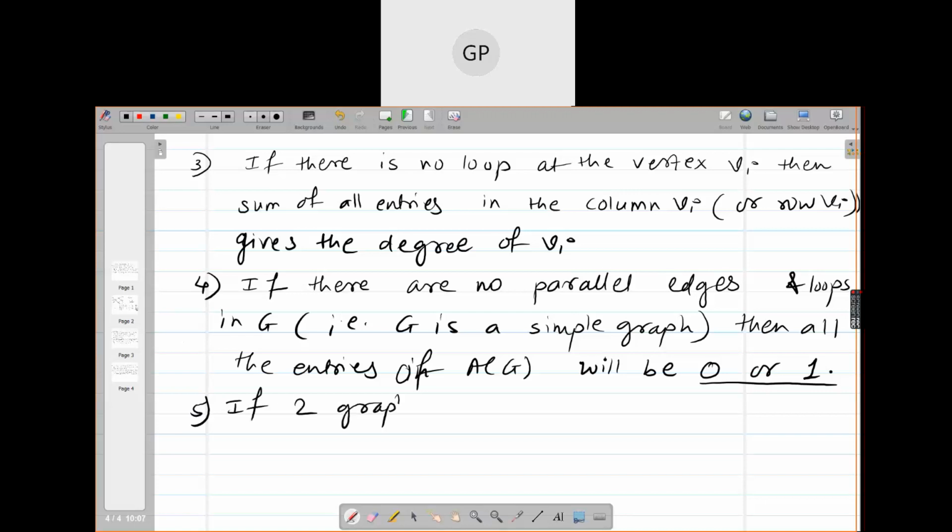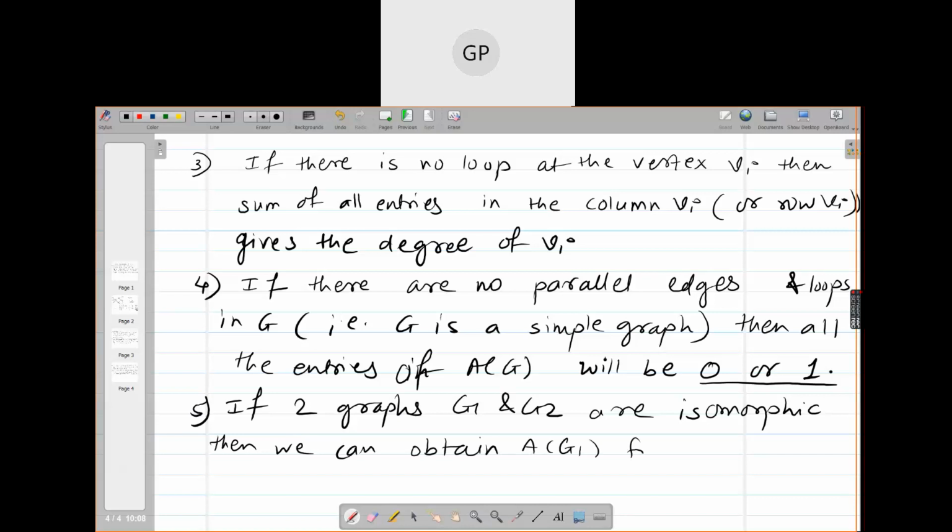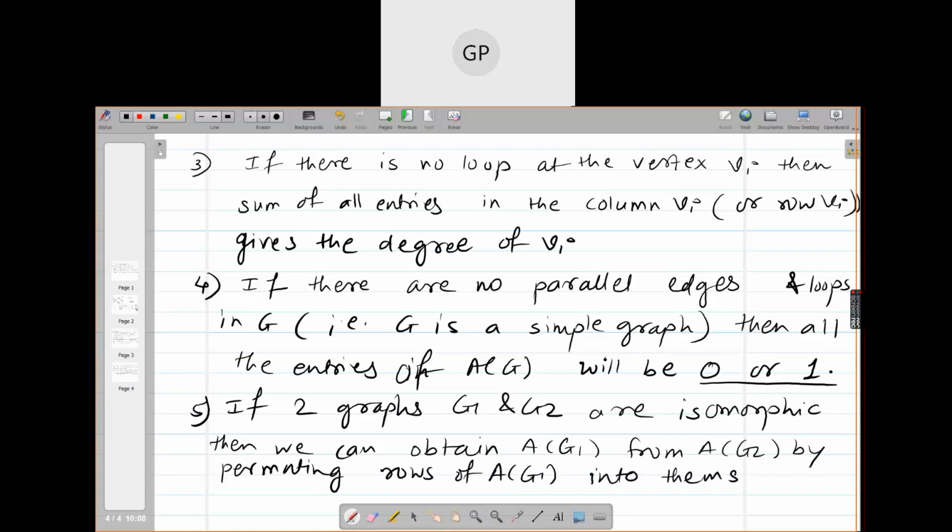If two graphs G1 and G2 are isomorphic, then we can obtain AG1 from AG2 by permuting. What do you mean by permuting?